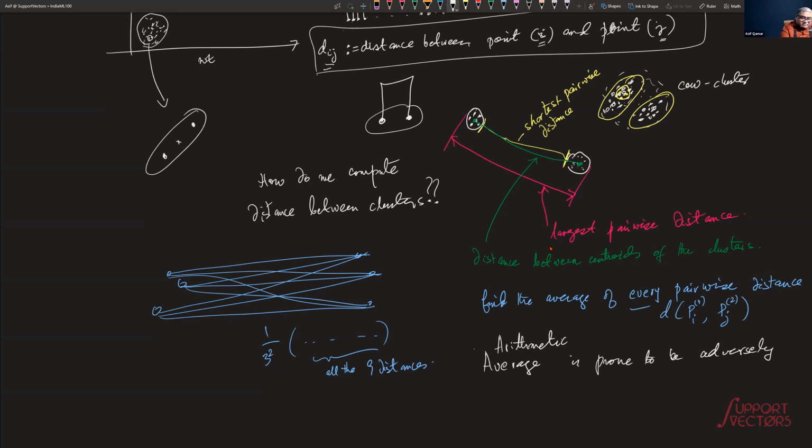This is a statement you should remember. It is a broad statement beyond just clustering and so forth. It is adversely affected by outliers, right? That's a factor.